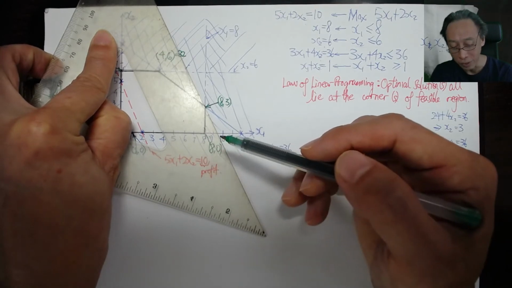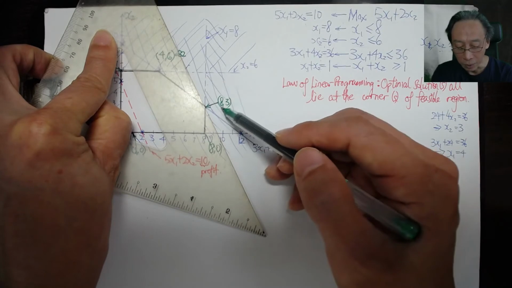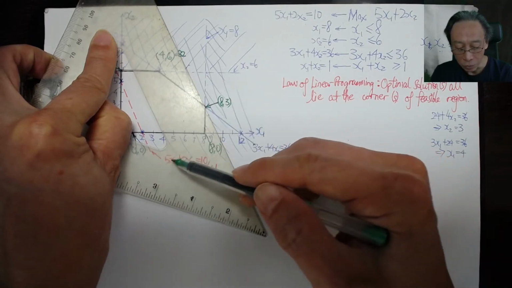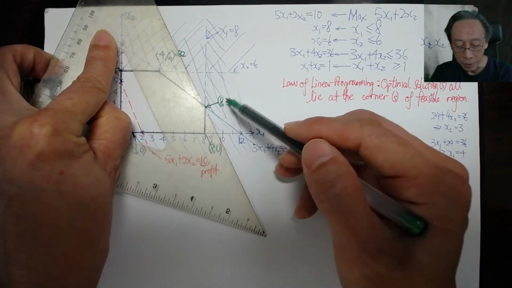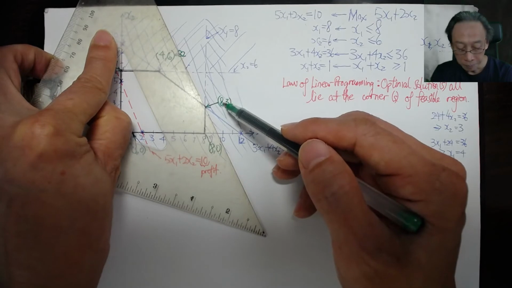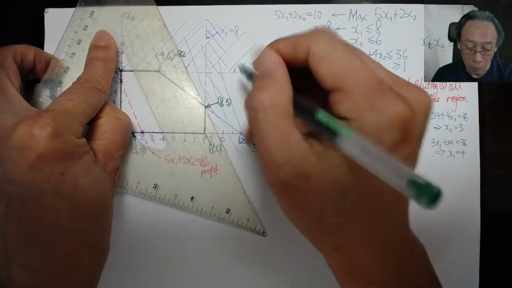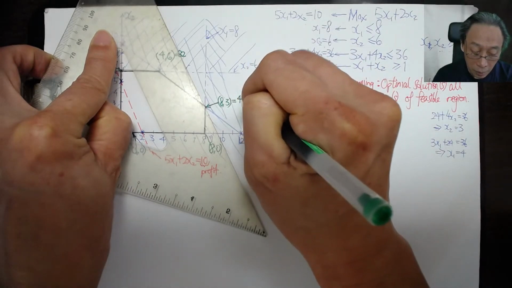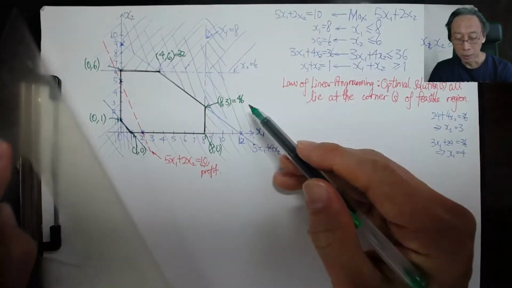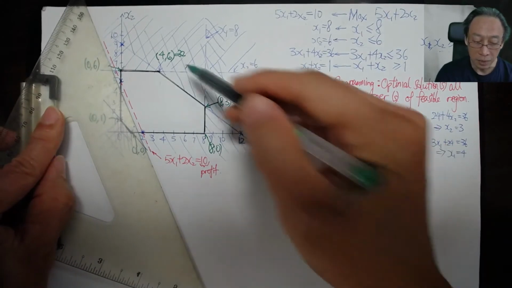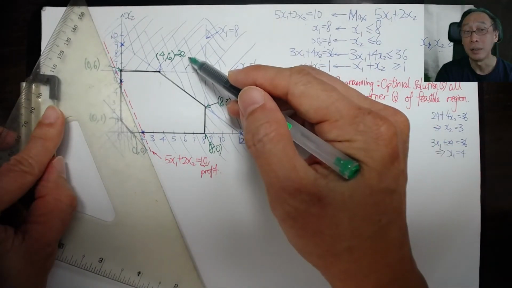the maximum profit. And if we substitute 8, 3 into the left hand side, we get 5 times 8, that's 40, plus 2 times 3, that's 6. So in the end we get 46. Numerically, we see that 46 is indeed a lot higher than 32.